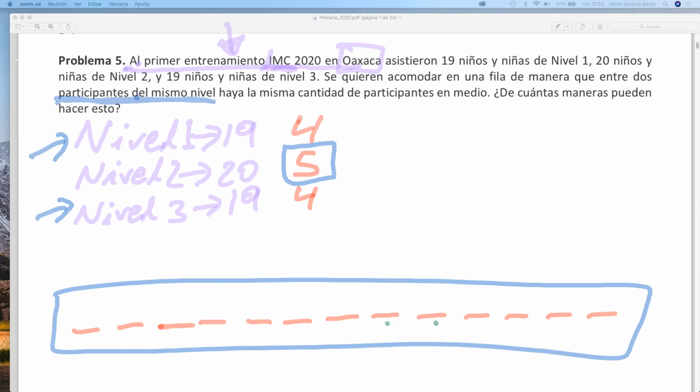Y si ponemos un nivel 2 with 2 spaces in between. Ok.